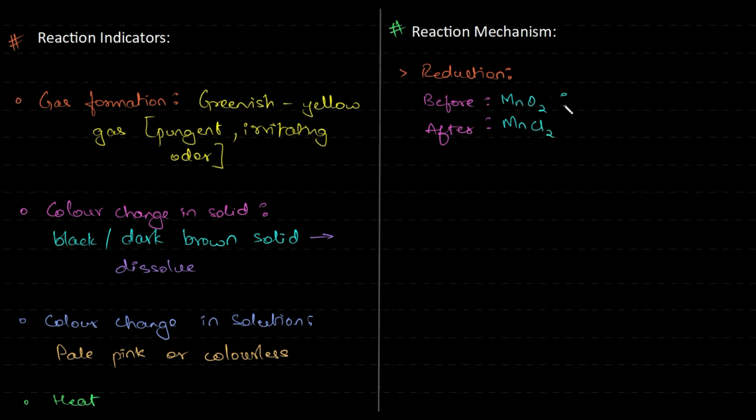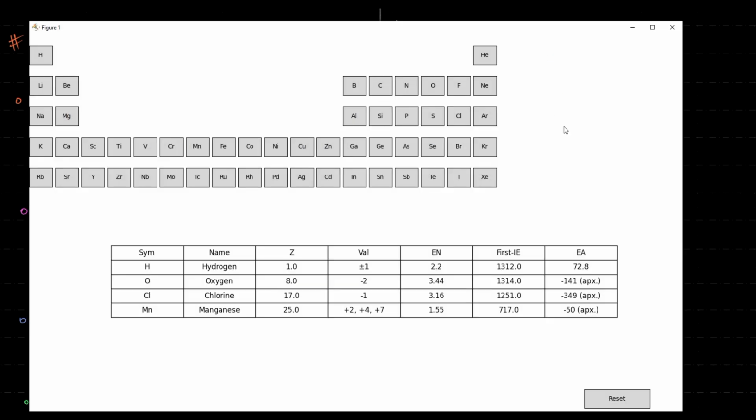Okay, so I want you guys to map it with the table. Next clue is look at the valency. Think about it.